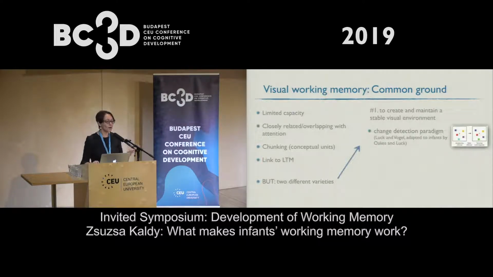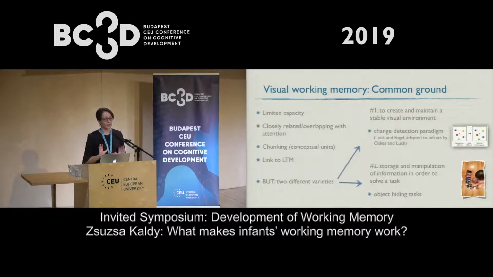I'm going to argue that for us, cognitive developmentalists, while this mechanism is very important, what we're really talking about when we're talking about working memory is really something else. It's a different kind of goal or function, and that is to store and manipulate information in order to solve a task, typically a cognitive task.